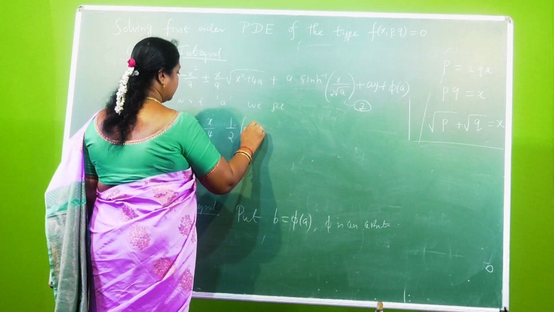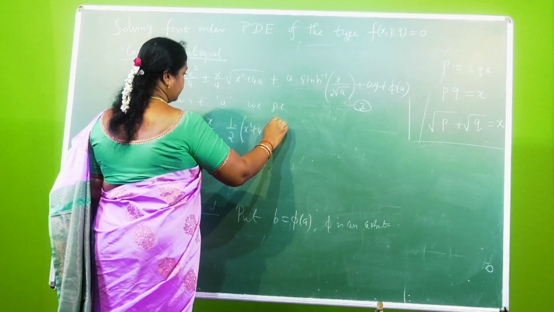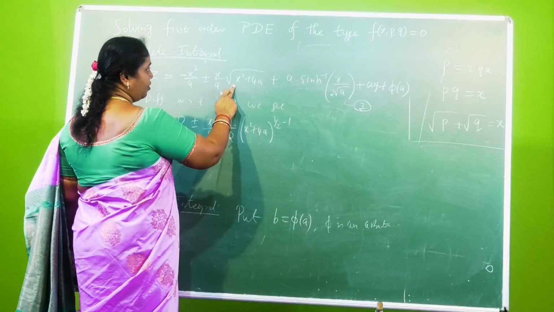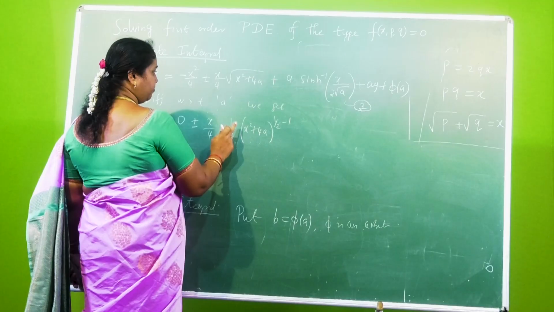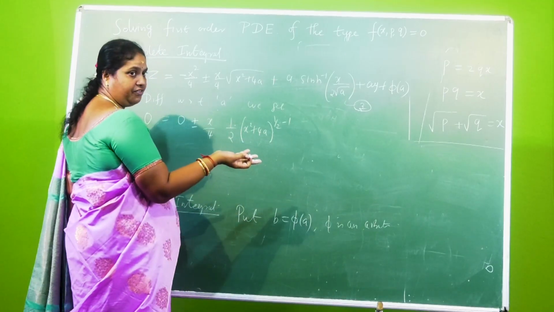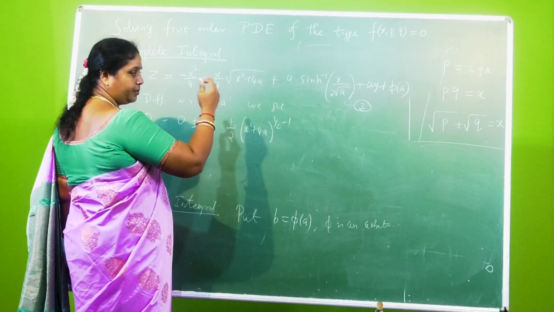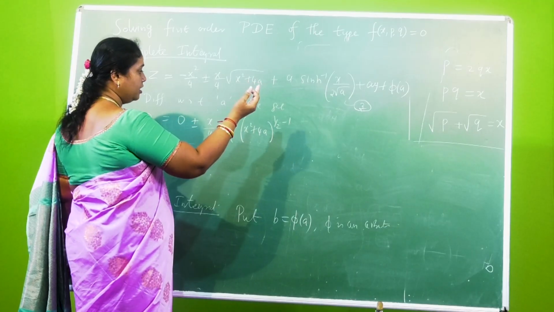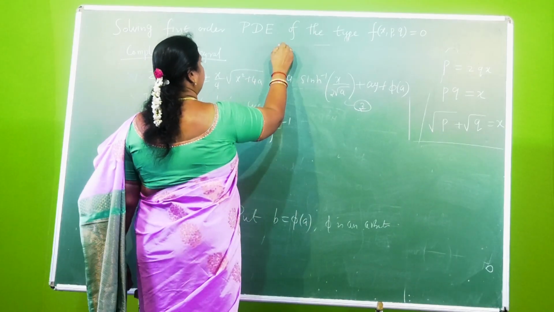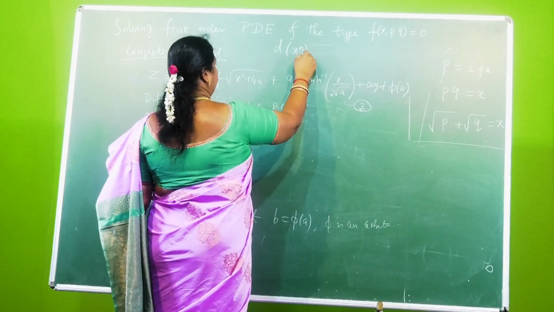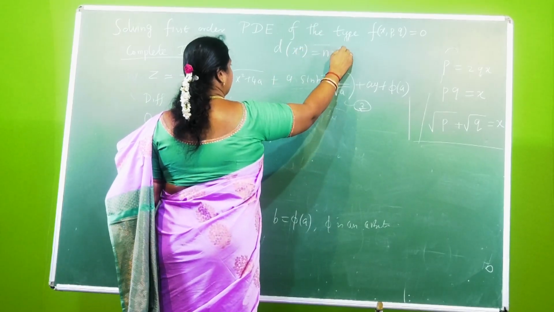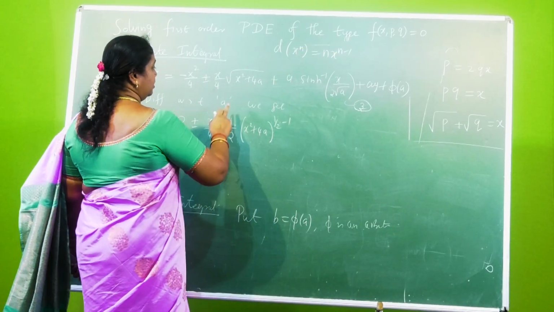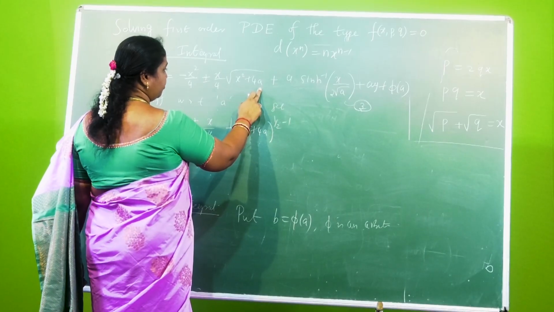1 by 2 times. So what is the derivative of x? This is nothing but the square root of this expression. What is its derivative? It's nothing but n into x power n minus 1. Isn't it? So I am simply writing like this. Here x is nothing but x square plus 4a.